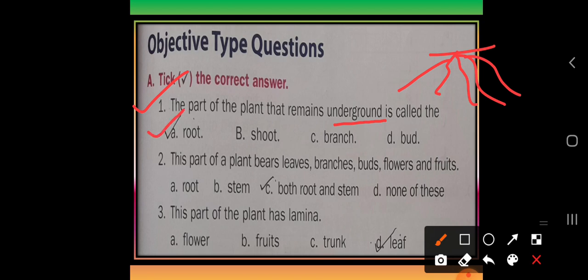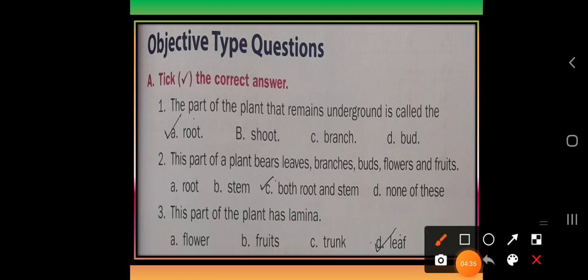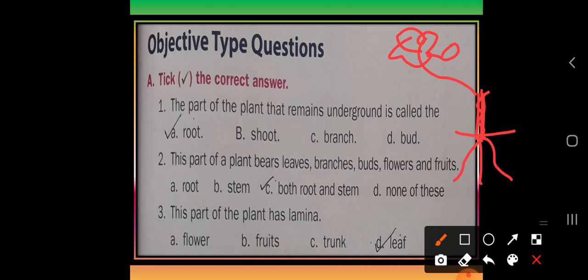The next question is: this part of a plant bears leaves, branches, buds, flowers, and fruits. Now let's recall the parts of a plant. Which is the first part? That is the root. Then which part comes? The stem. Then leaves, then flowers, then they become fruit.